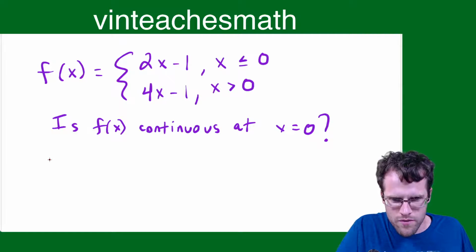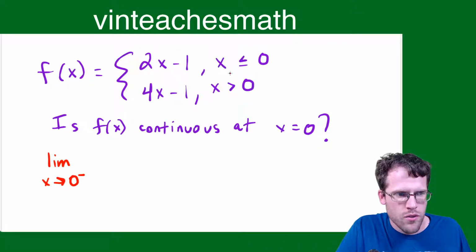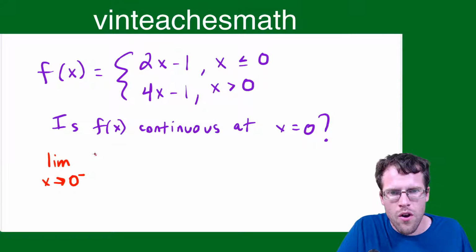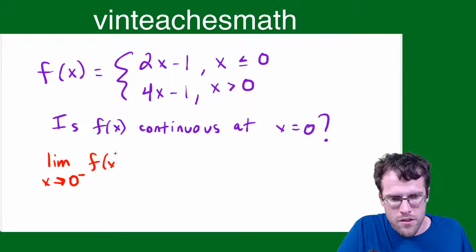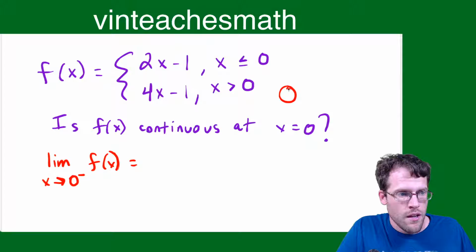So for this one, you have the limit as x approaches 0, but notice it's a less than or equal to, greater than situation. So what we have to do here is find the left side and the right side limit.